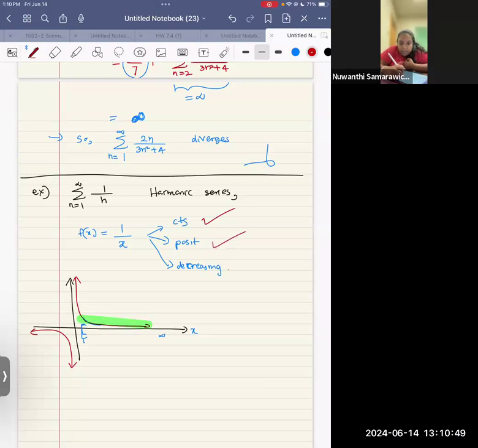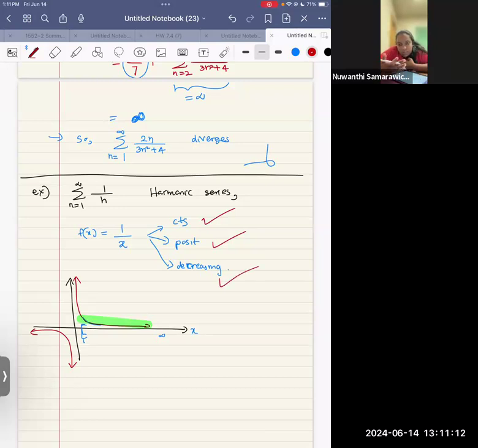Yes, it's positive, because it's always above the x-axis. Is it decreasing? What do you think? I see Jai says decreasing. Yes, it's decreasing.